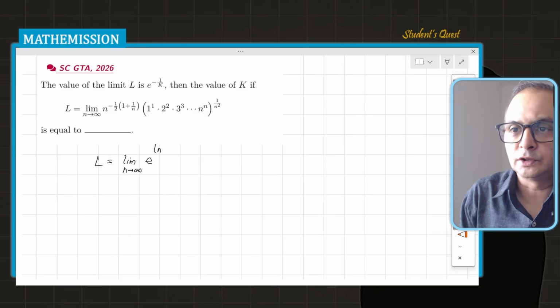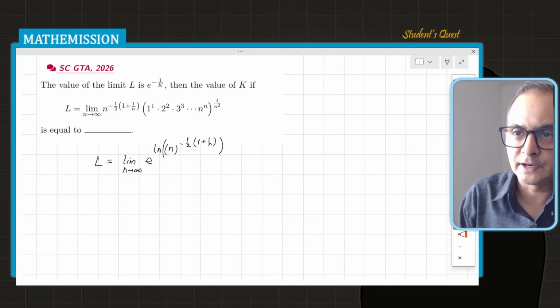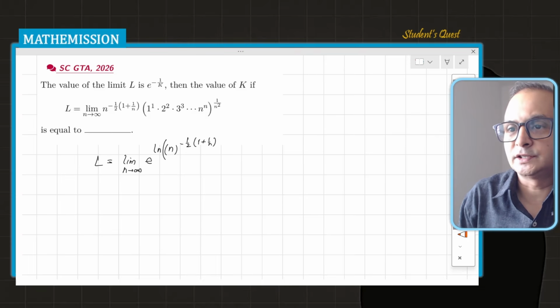of this whole thing. There's an n to the power minus half 1 plus 1 by n. This is the one quantity we have inside the log, and then another quantity I have to write, which is 1 to the power 1, 2 square, 3 cube, up to n to the power n, all to the power 1 by n square.